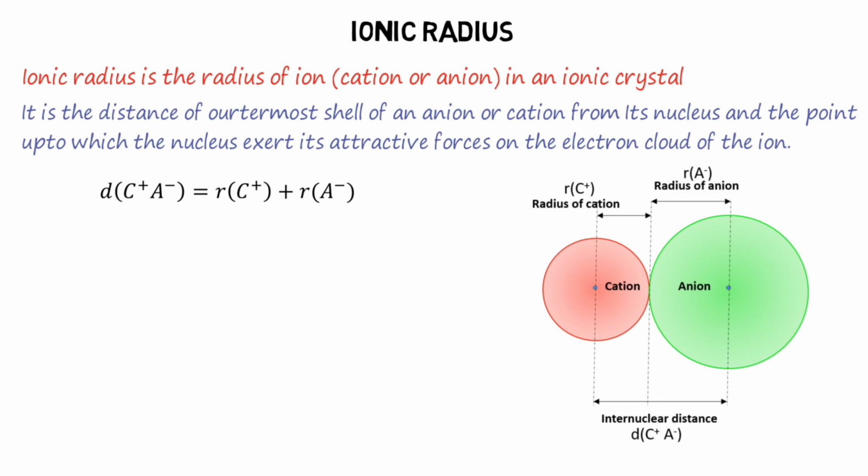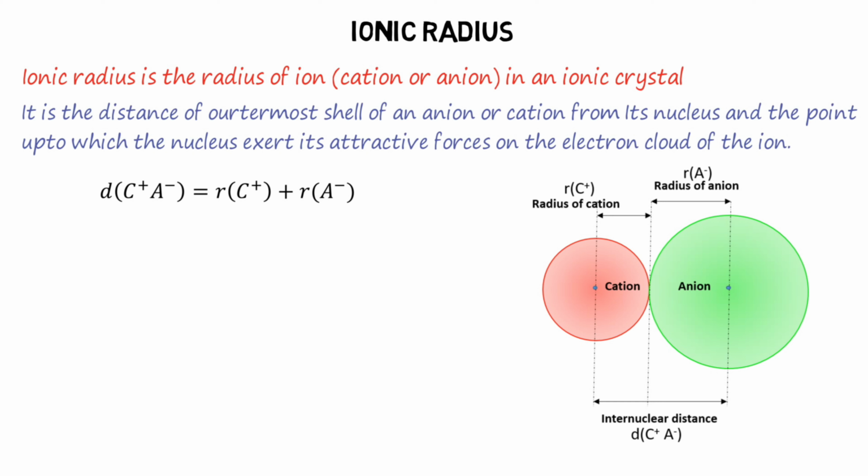The above equation can be used to find the ionic radius of cation or anion if the internuclear distance between cation and anion, that is dCA, and the ionic radius of the other ion are known.